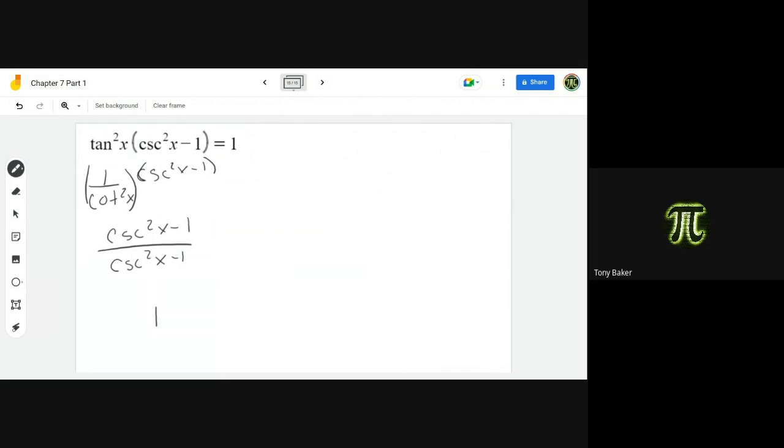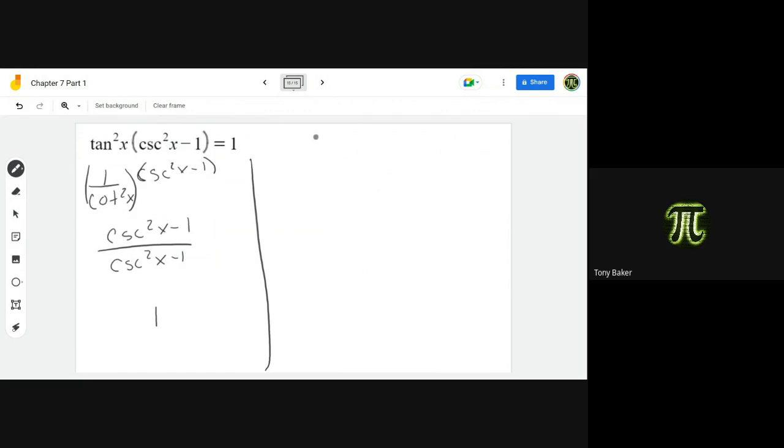I highly doubt anybody did it that way. That's literally why I wrote that one. Because you like flipping things over all the time. Which you should have done, the fastest way to do this would actually have been to realize that right there is cotangent.